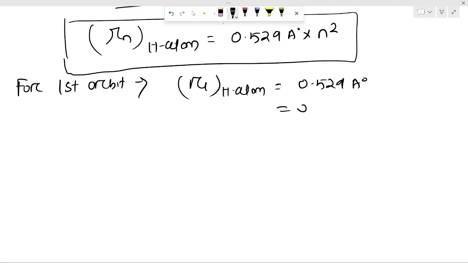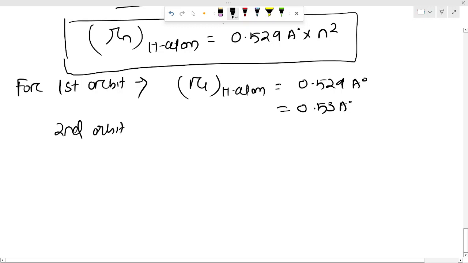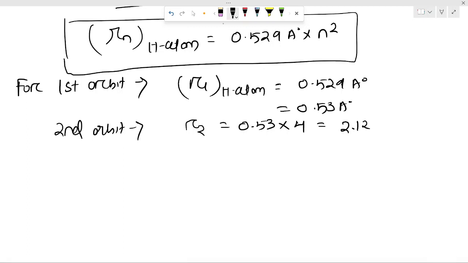For the second orbit, n is 2, n square means 4, which gives 2.12 Armstrong.